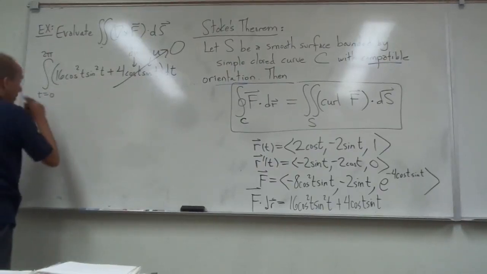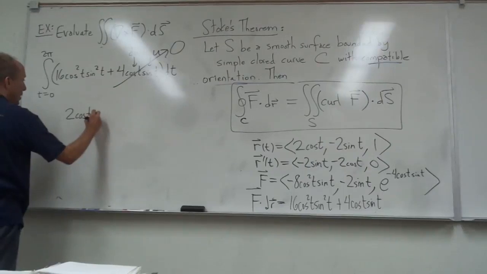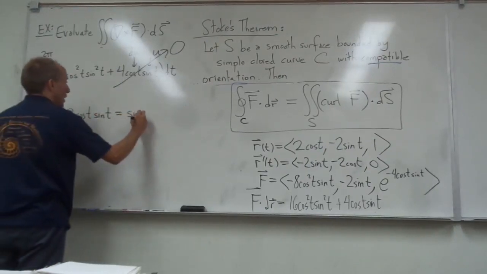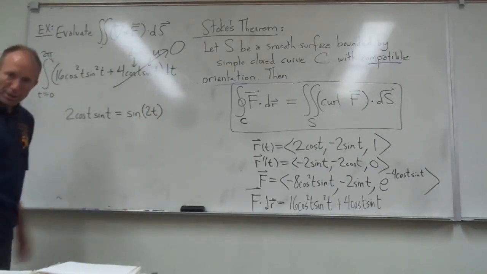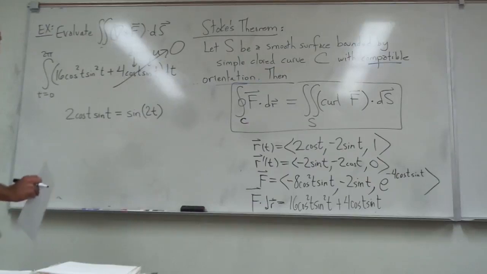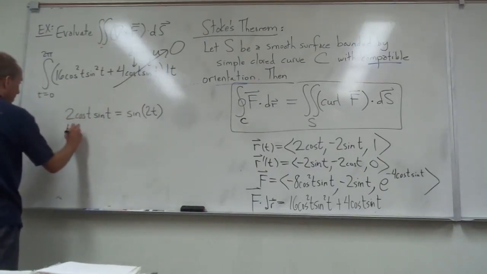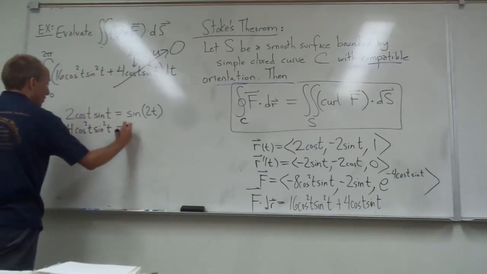For this one, the best thing to do is to remember a trig identity, which is that if you take 2 cosine of t sine of t, that's actually just the sine of 2t. This is just a trig identity that can be useful. So if we square both sides of that, we're going to get pretty close to the first term of this integral that we have.